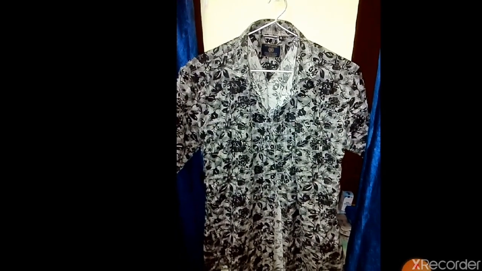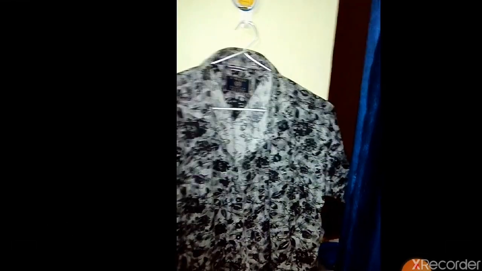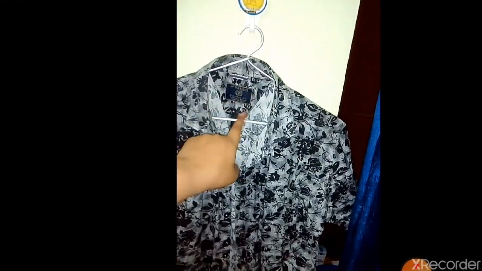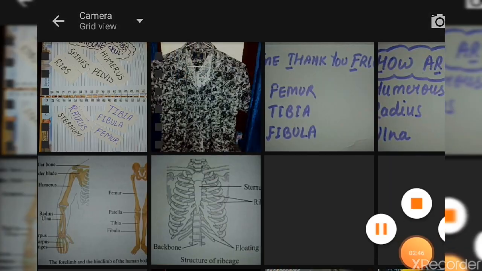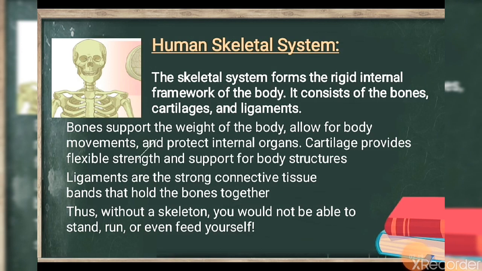As you can see, this shirt has no shape. If I hold it on a hanger, then it will take a shape. The same work our bones do for our body. They give shape to our body. So bones are very important for our body, and the skeletal system gives shape to our body.